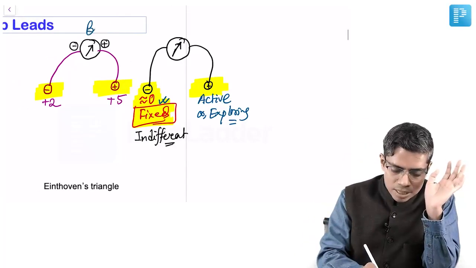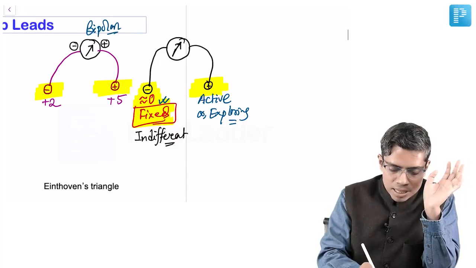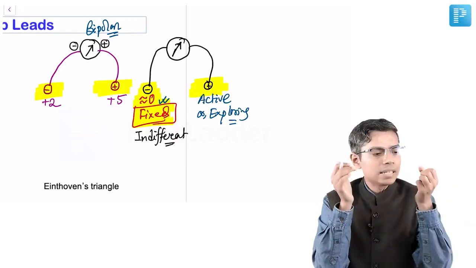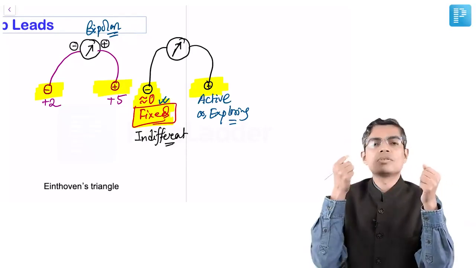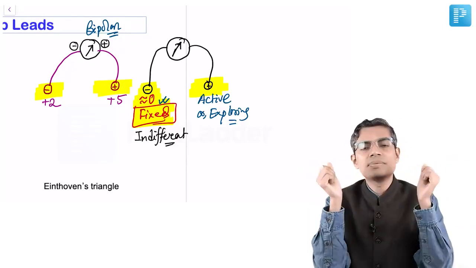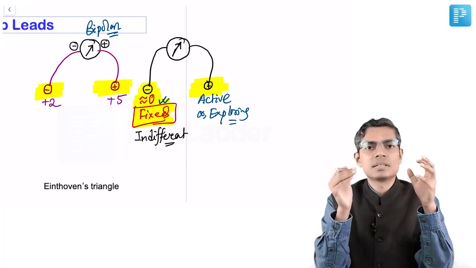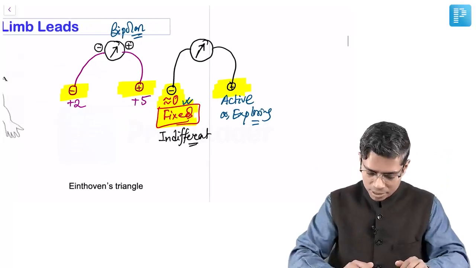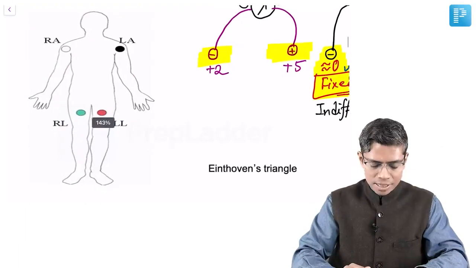But bipolar recording means both the electrodes are active electrodes. The negative end is also getting some voltage, the positive end is also getting some voltage, and you are measuring the difference between them, and that is known as bipolar recording. Getting my point? So this is the meaning of simple bipolar and unipolar recording.